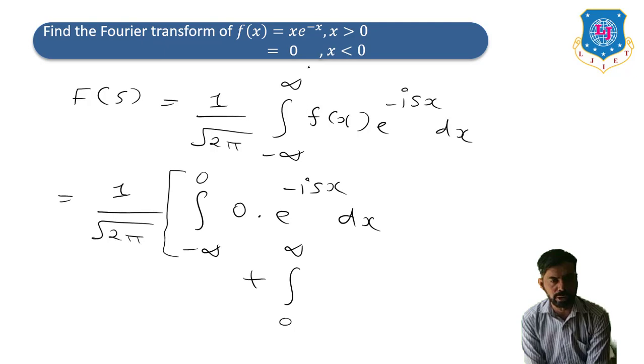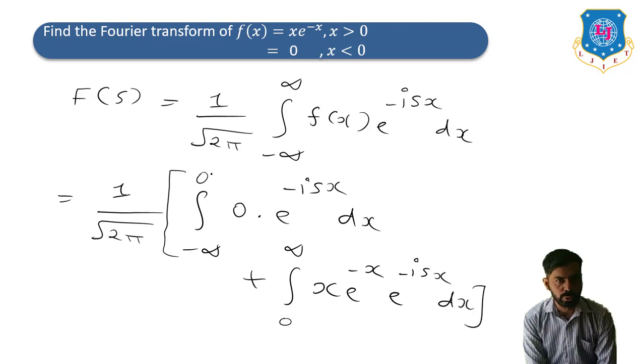Now value of function for this limit will be x into e raised to minus x because function is x into e raised to minus x for x greater than 0. So for this limit f of x is x into e raised to minus x into e raised to minus i sx dx. Okay, so here integration of 0 will be 0.